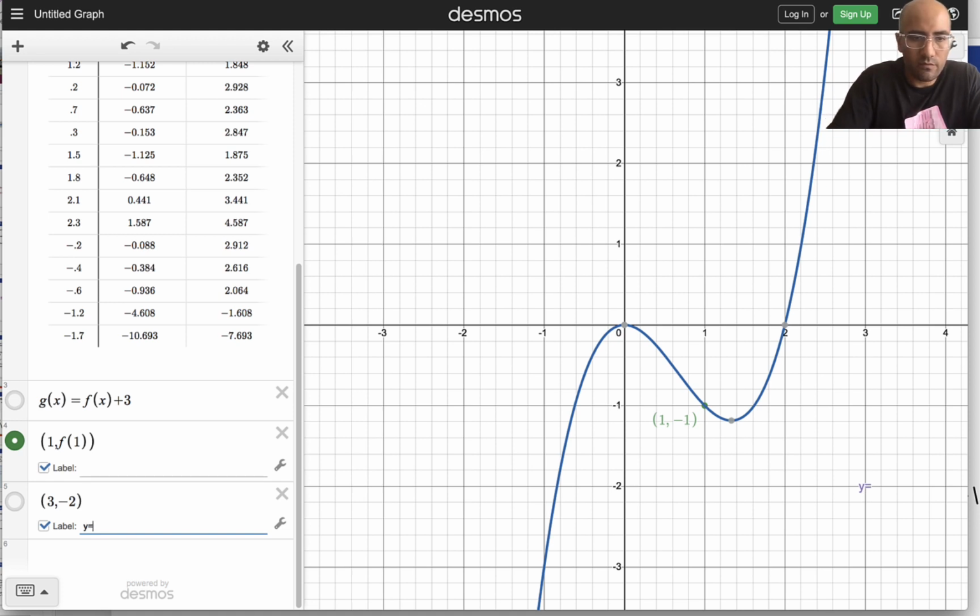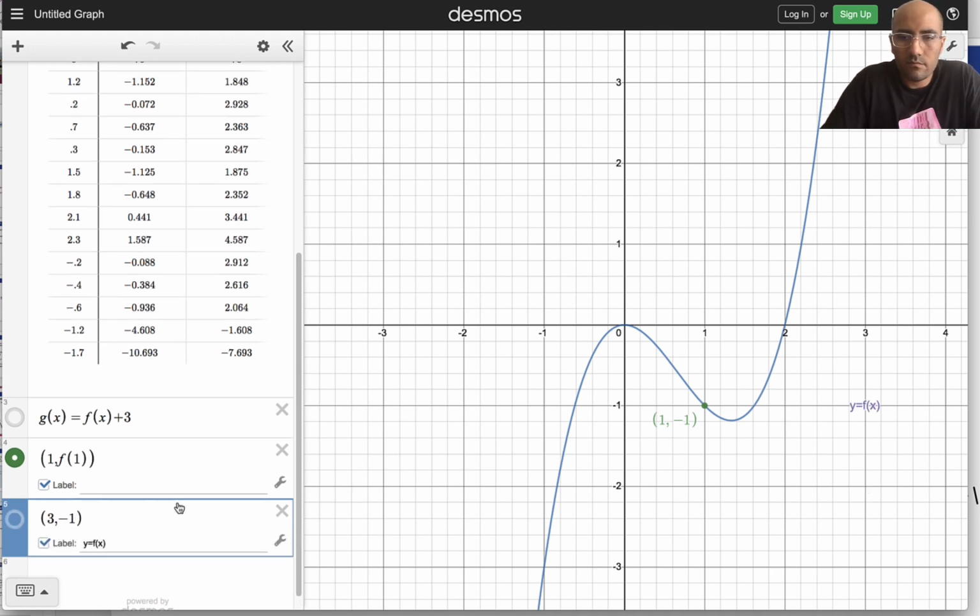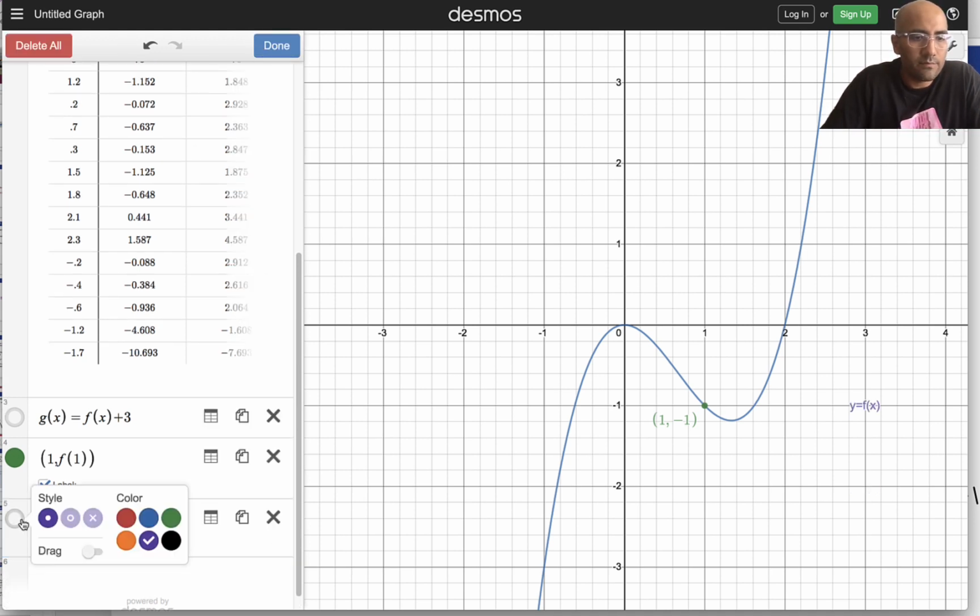Equals, Control B. It's going to give us that. That's not what I want. We'll put it in blue.